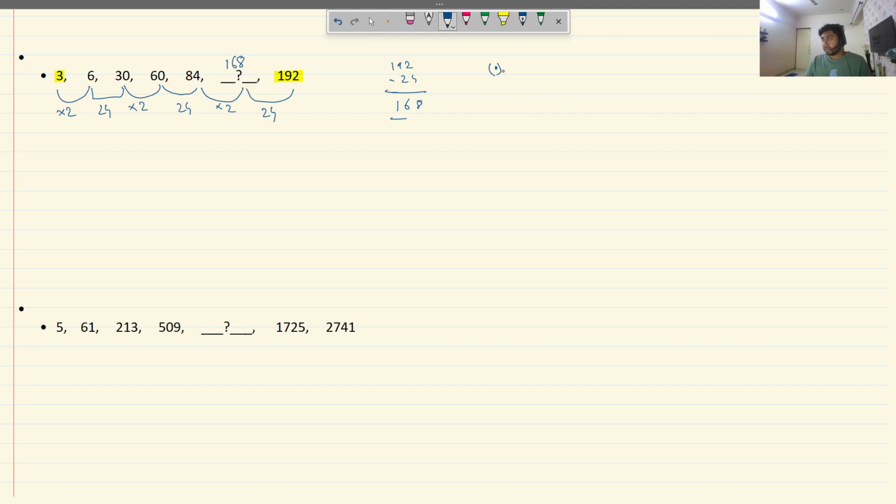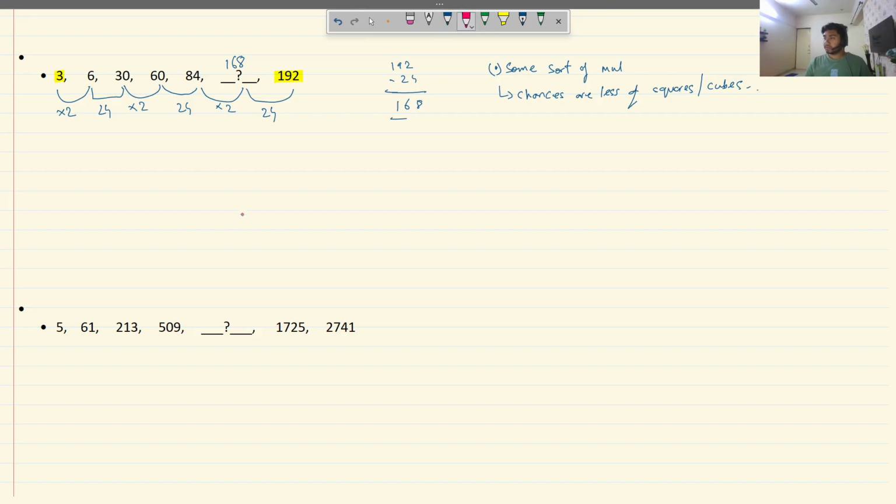So there might be some sort of multiplication. Chances are less of squares or cubes. Squares or cubes usually come when the numbers are very big. This was straightforward.